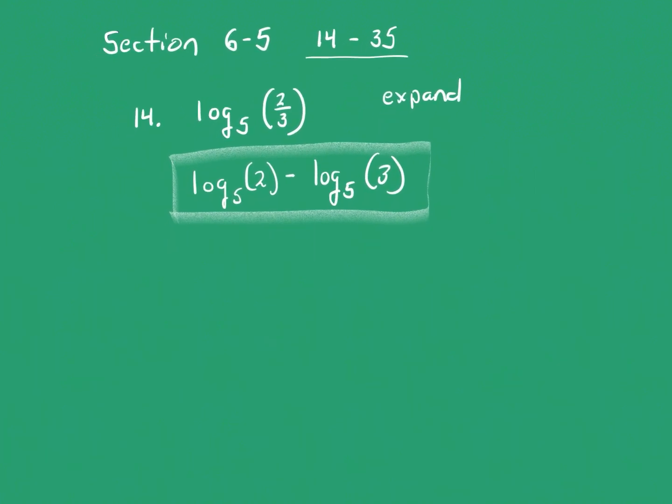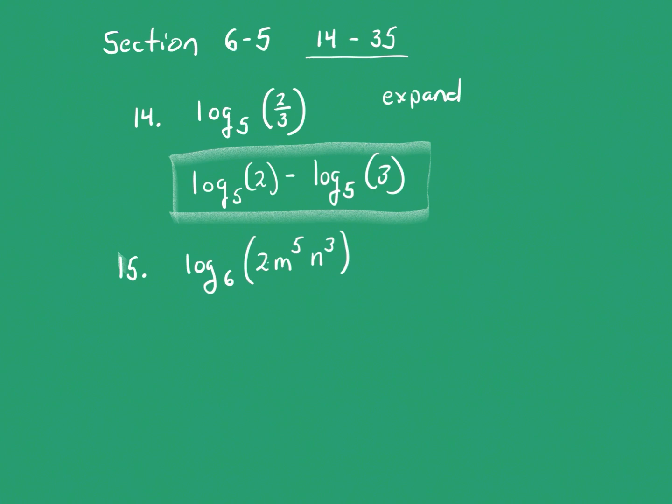Let's go ahead and work 15 because that one is a little bit harder. So problem number 15, we're given log base 6 of 2m to the 5th n to the 3rd, and we've got a lot going on here. They want us to expand this. Well, I have three products here.